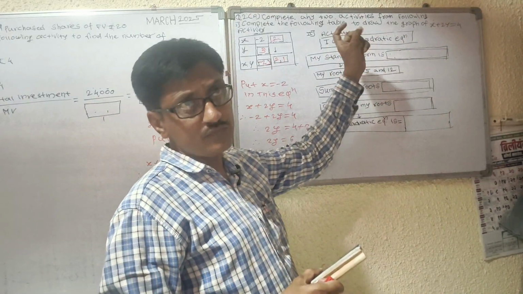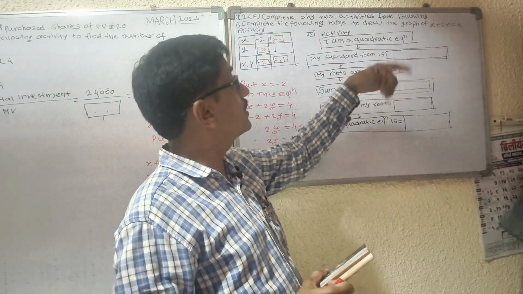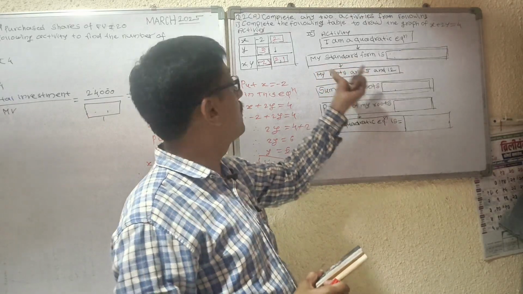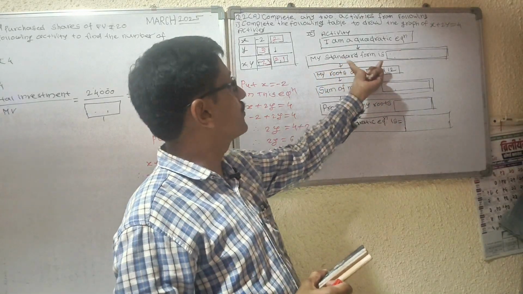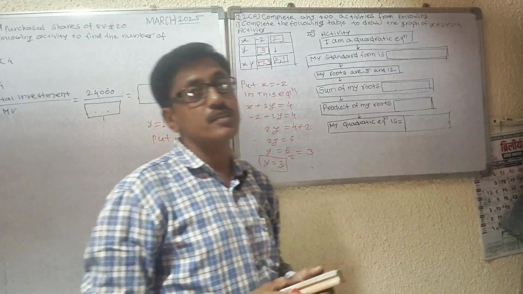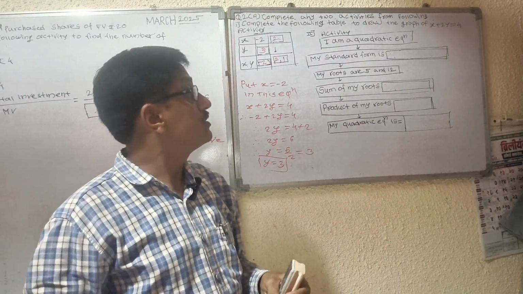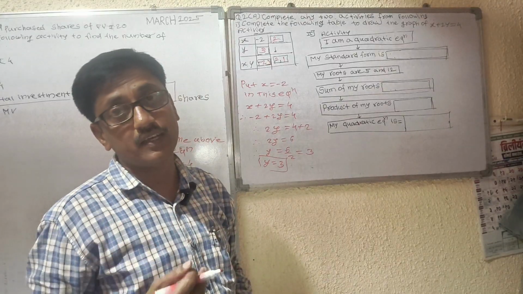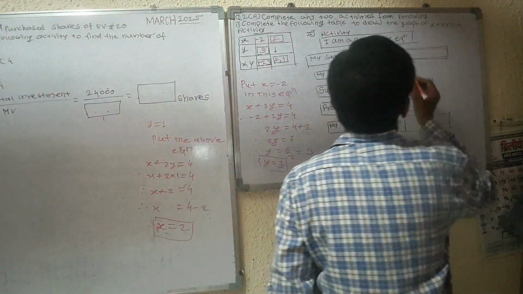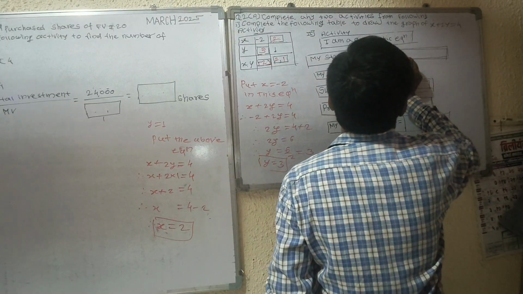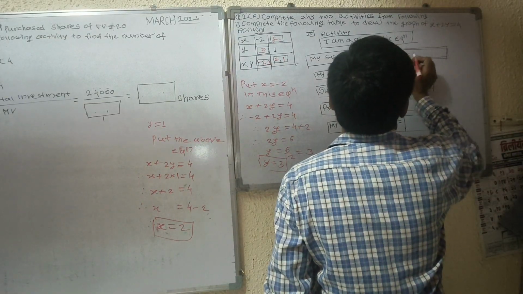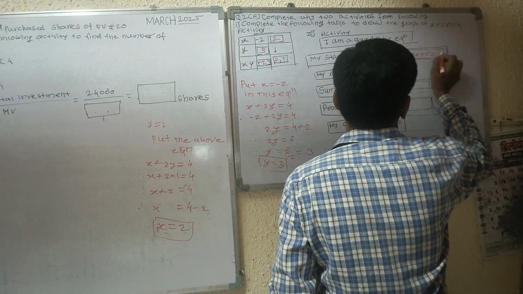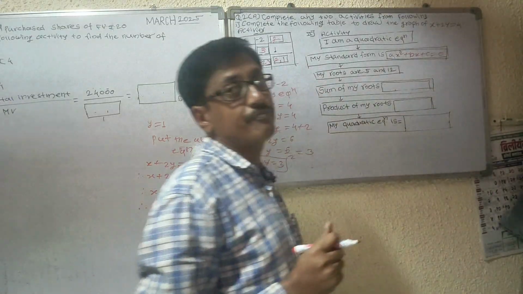The question tells what the quadratic equation is. Next step, the standard form of the quadratic equation. You recall, you know, ax square plus bx plus c is equal to 0. This is the standard form.